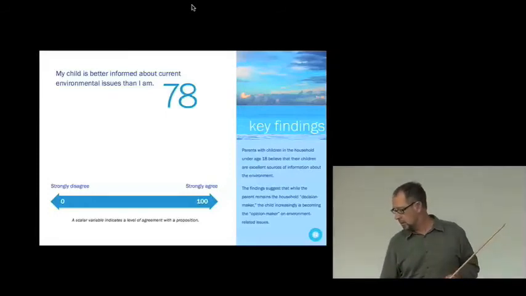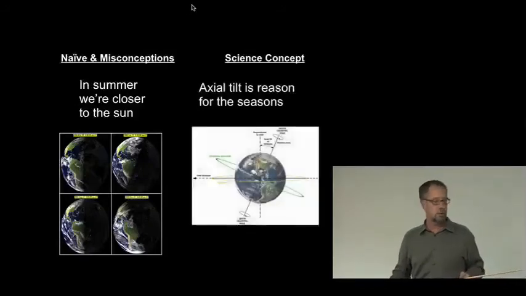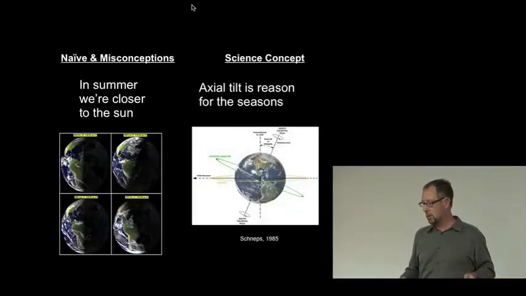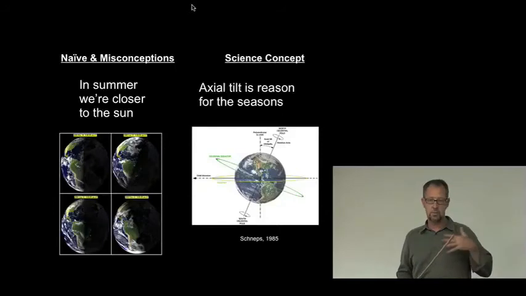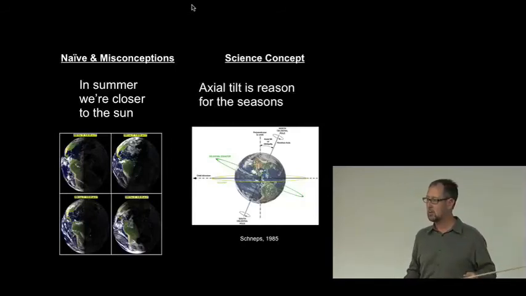And so let me just take a few minutes here and talk about some of these key misconceptions. This is one that showed up in the Private Universe study back 20 years ago. A lot of folks think that the reason for summer is that we're closer to the sun, and in fact, the Earth is a little bit closer to the sun in January than it is other times of the year.